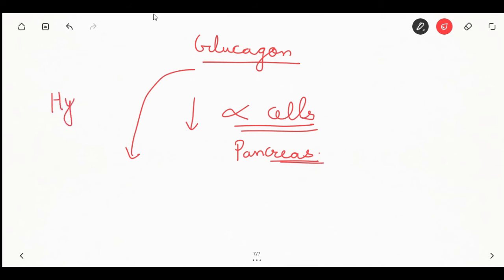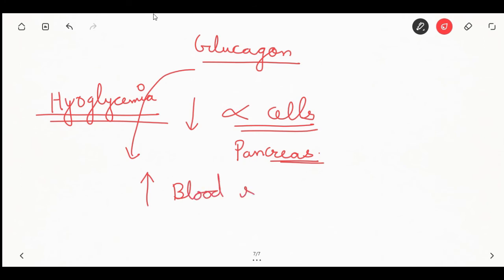Hypoglycemia is the stimulus for secretion of pancreatic glucagon. What will glucagon do? It will increase the blood sugar level.